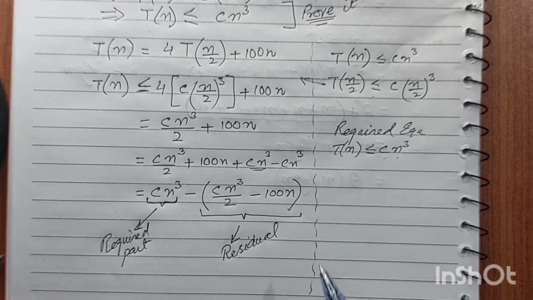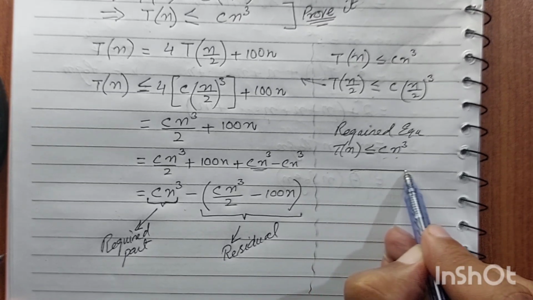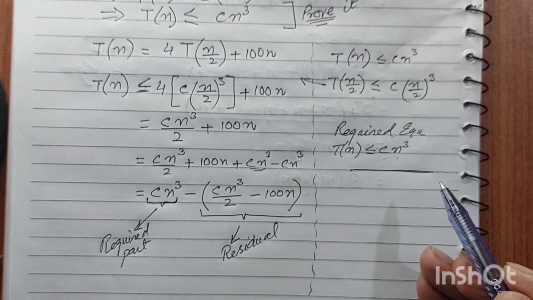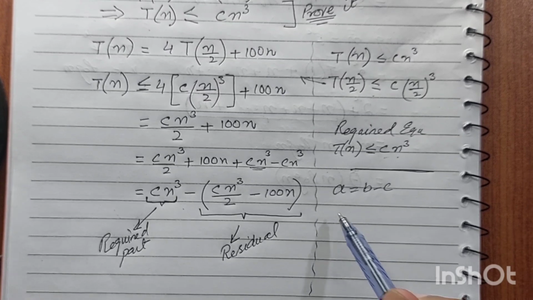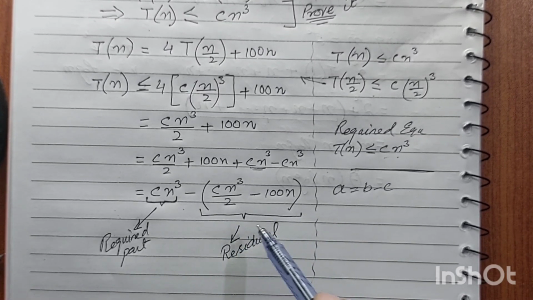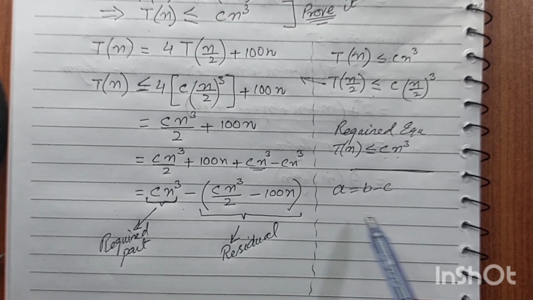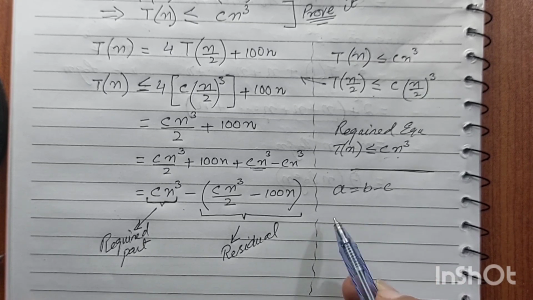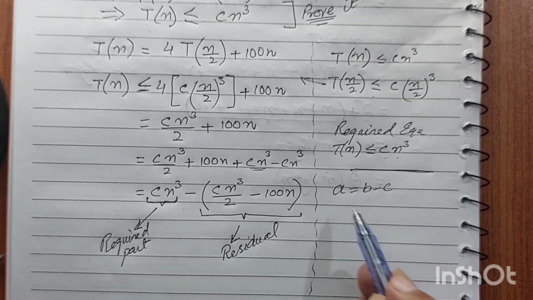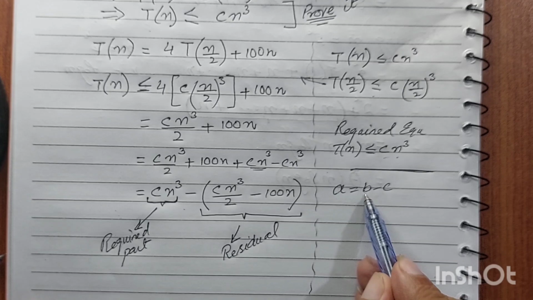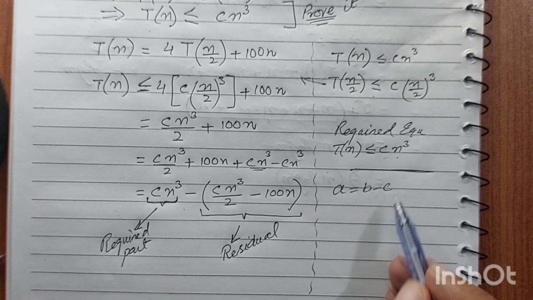Okay guys, before moving to the next part, let me explain a concept that's going to be used in the next part. Let's say we have an equation a is equal to b minus c.